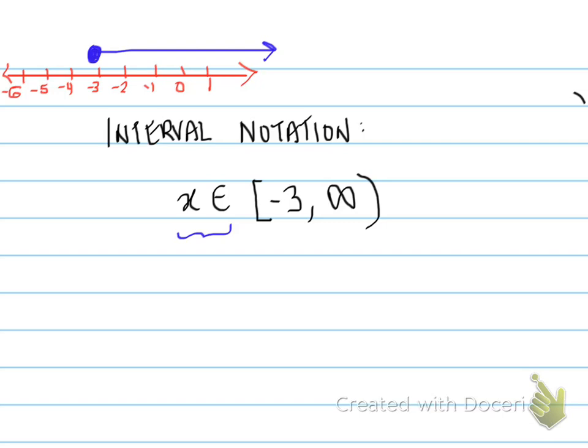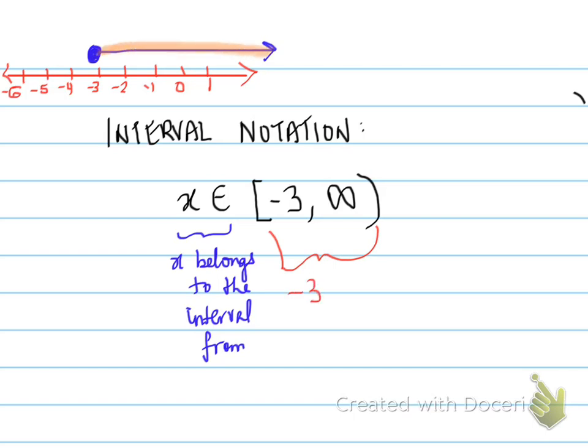So again, let's read this. This says x belongs to the interval from -3, including -3, all the way to infinity. So -3 to infinity. We're including the -3 because of the square bracket here.